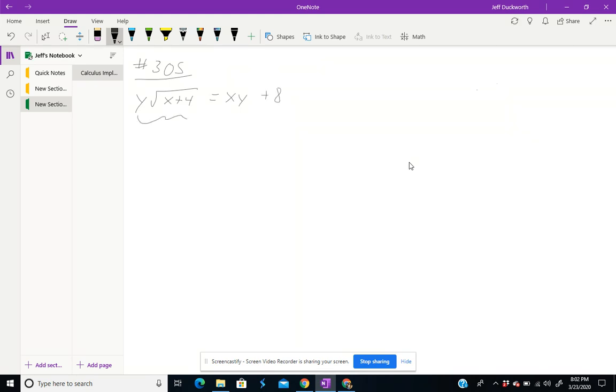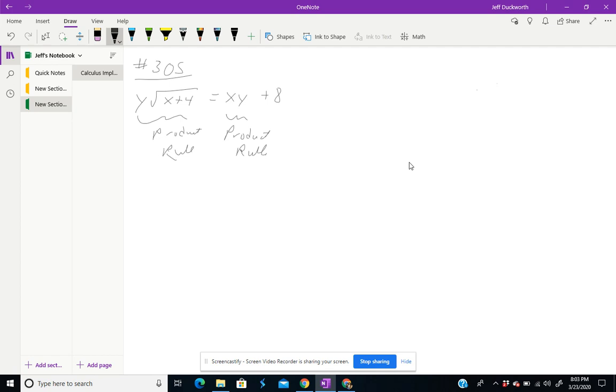So here we have a product rule, another product rule, and then the derivative of 8, it's a constant, so this is just going to be 0.